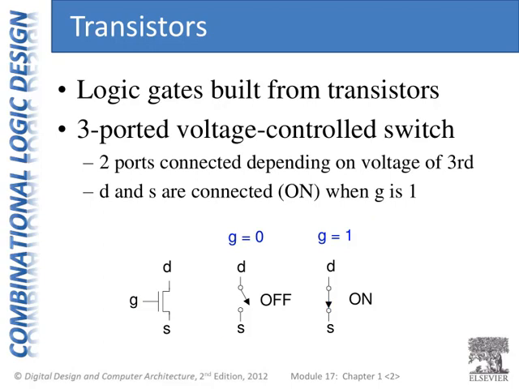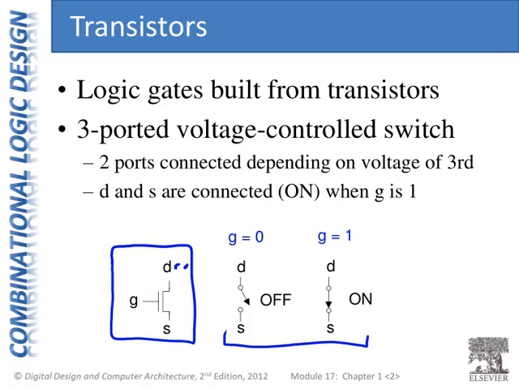So we have the high-level representation of what occurs depending on the voltage of the gate. And then we also have this symbol for our transistor that shows the three terminals, the gate and the D and S terminals, which are shorthand for the drain and the source.